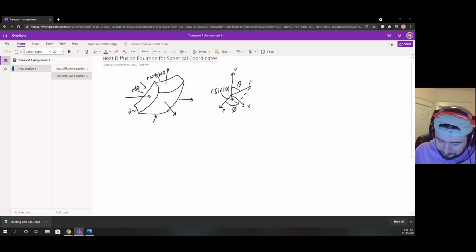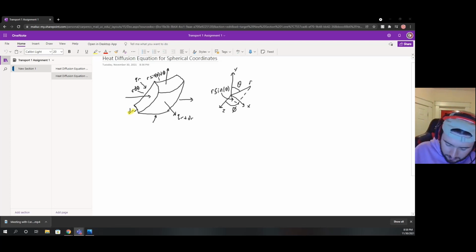So I'm just going to start off with Q_r. So Q_r is going to travel through this dimension, and it's going to come out the other side as Q_(r+dr), traveling the distance of r.